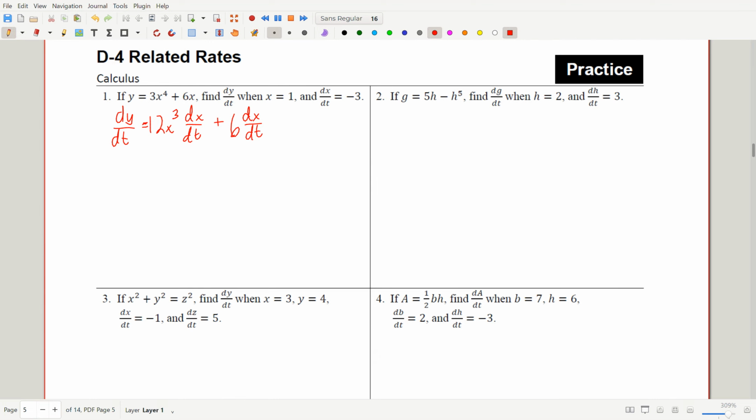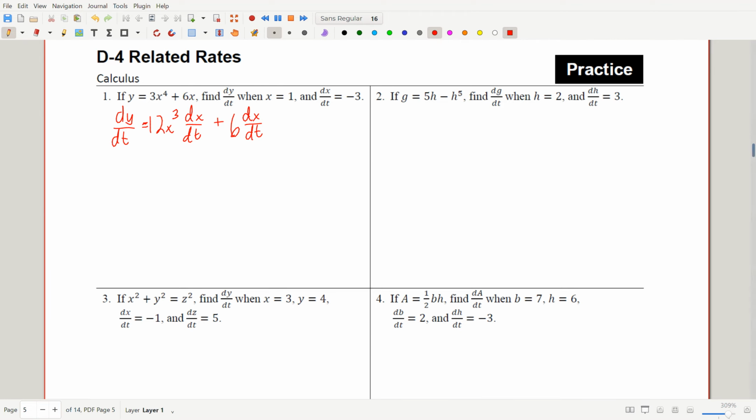Product rule, right? 1/2 base times, that's a product, height. So you will have to use the product rule here. You're going to have the derivative of the first, which will be db/dt, times the second, plus the first times the derivative of the second. Remember, your first is 1/2 b, so every time you're working with your first, there's going to have to be a 1/2 there.